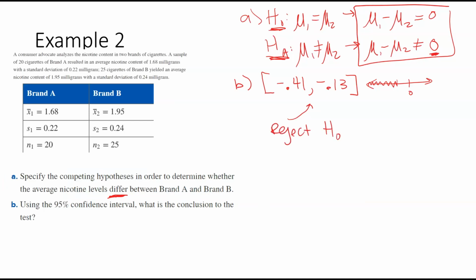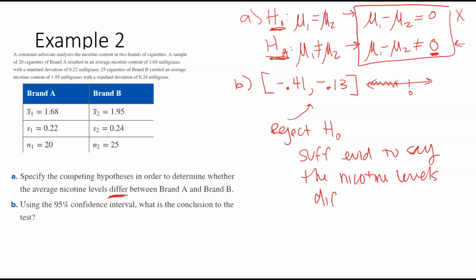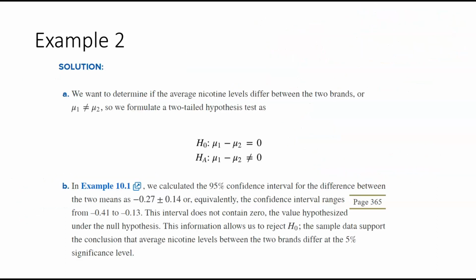If we reject the null, we can say there is sufficient evidence to say that they differ. The nicotine levels differ. And if you want to see that written out a little bit clearer, here you go.